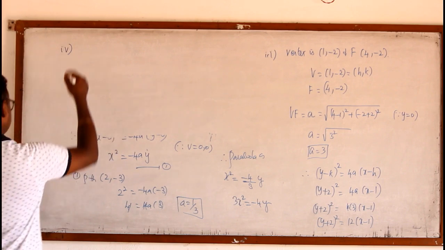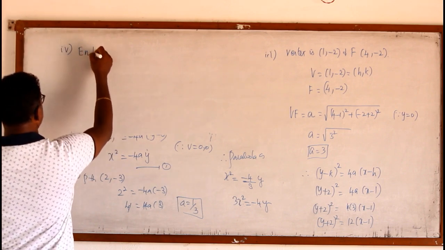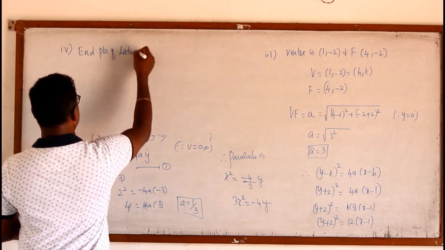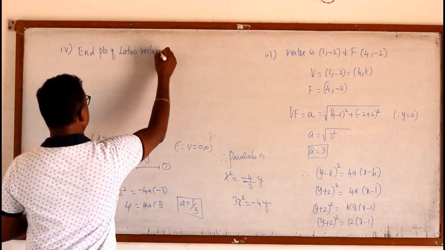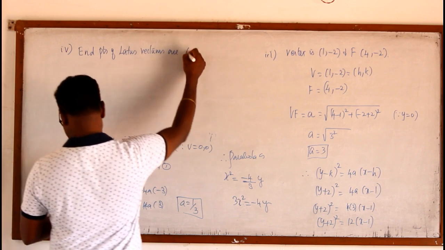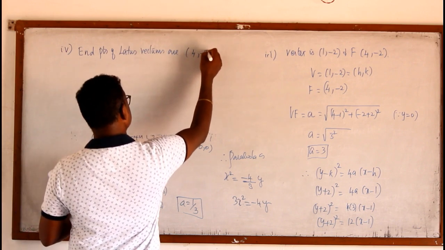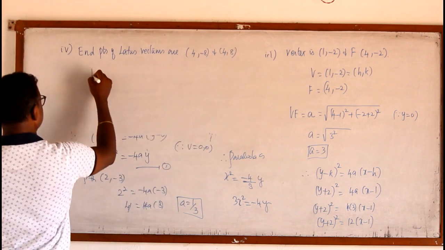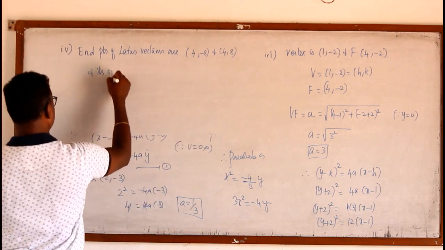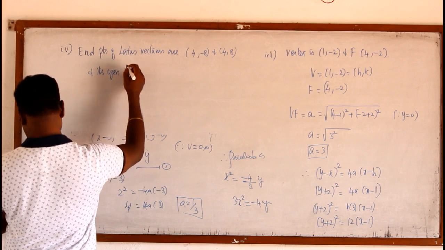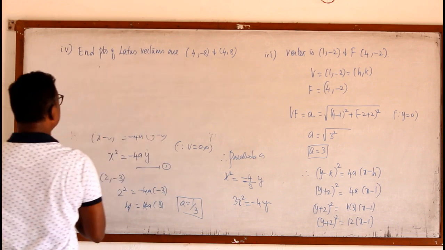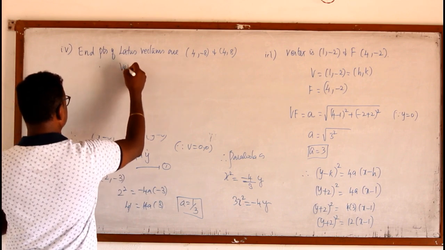Now the fourth one. Endpoints of the latus rectum are (4, -8) and (4, 8), and it is open rightward. Sorry, the vertex is, we have to find out about the nature.